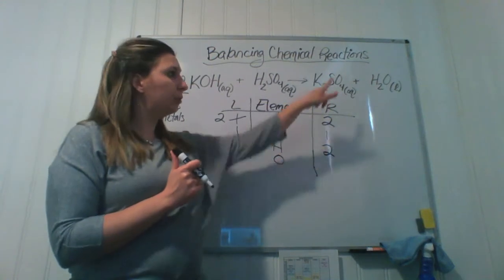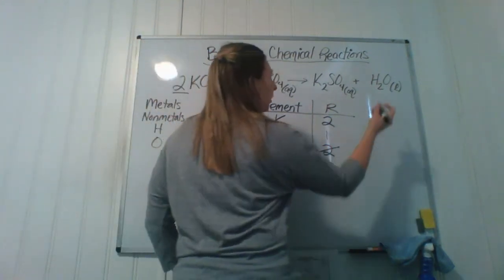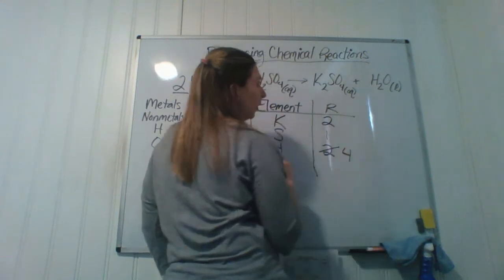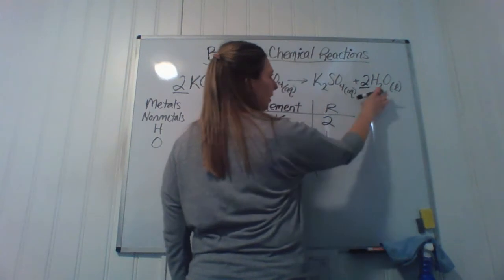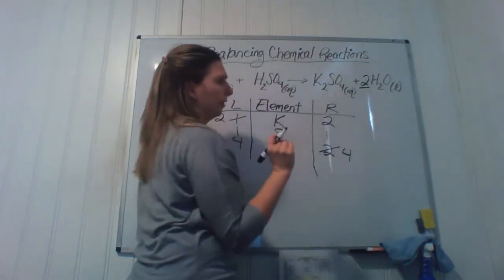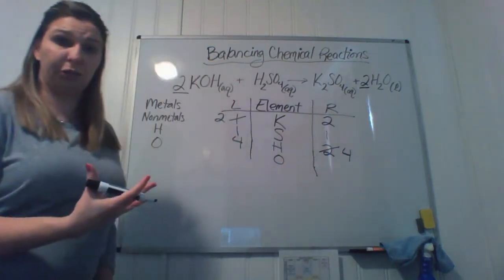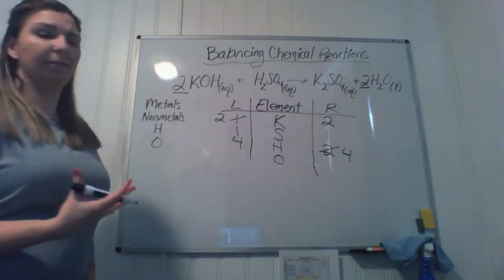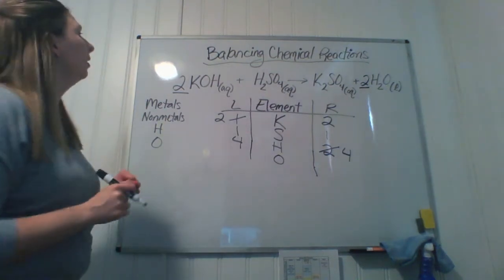So we need to add 2 more hydrogens on that right side. So we want to make it 4. So by putting a 2 in front of the water molecule there, now that's going to give us a total of 4 hydrogen atoms. And then the final element that we'll have to balance is the oxygen.